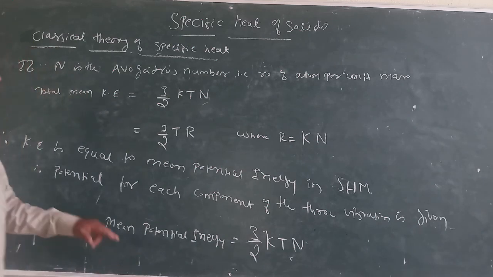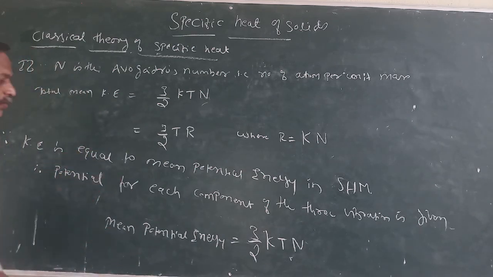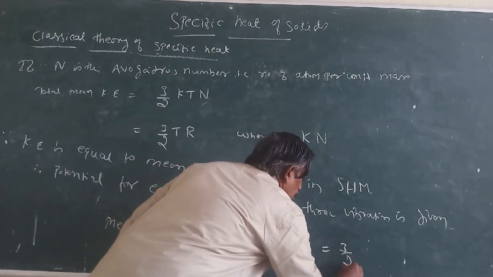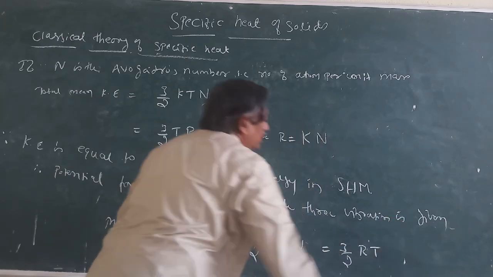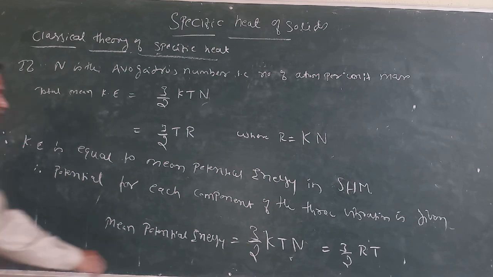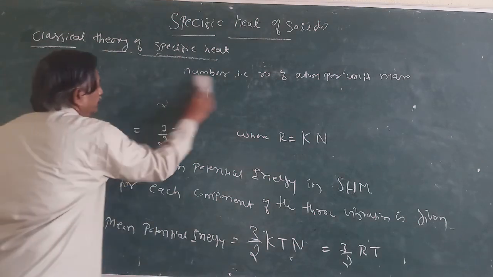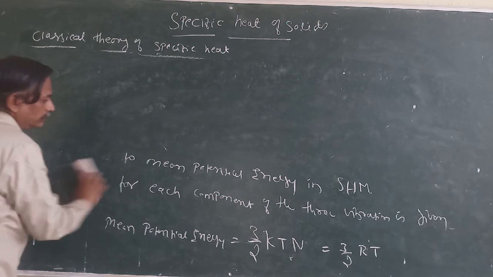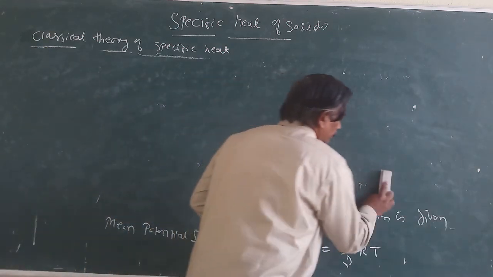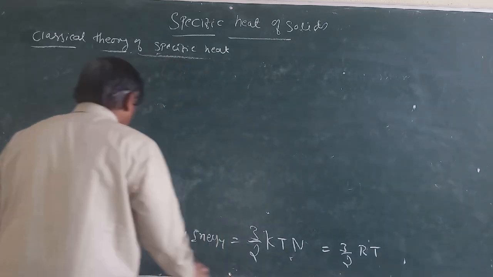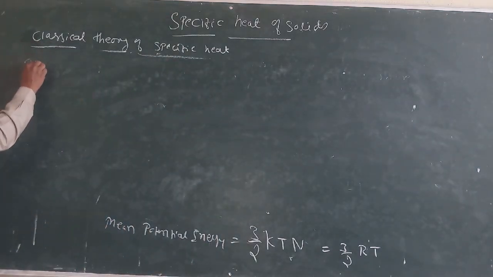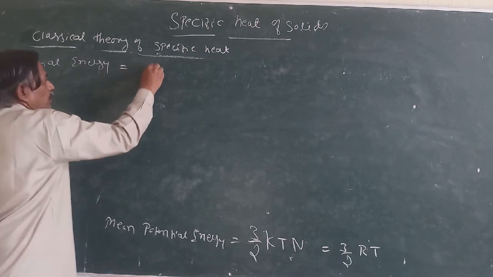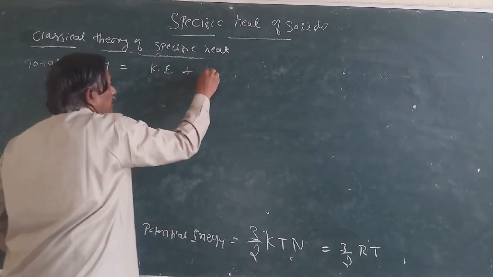Whatever it is, potential energy is equal to the kinetic energy. So the same thing we can also write as 3/2 RT. Now the total energy is equal to kinetic energy plus potential energy.